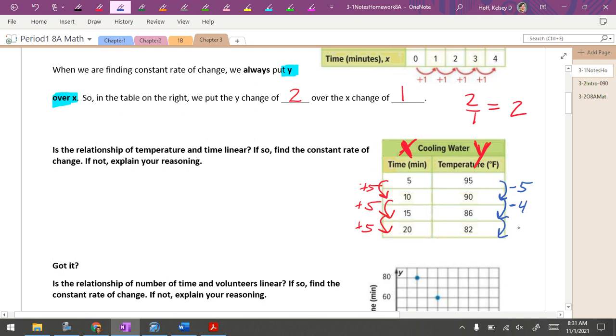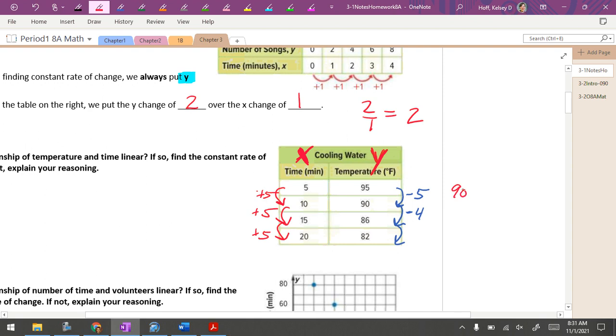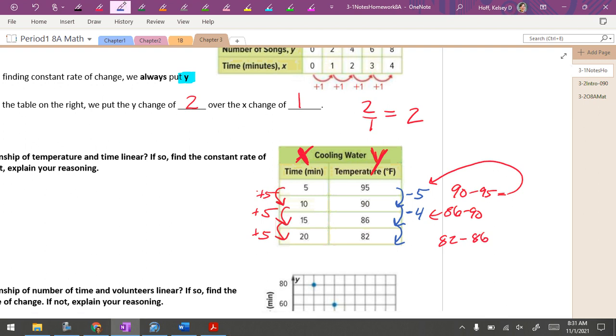Do you guys know how to type this into your calculator? If you want to find the change, you type the number below minus the number above. So on this one, you would type 90 minus 95. That's how we got a minus 5. 86 minus 90. That's how we got negative 4. 82 minus 86 gives me negative 4.